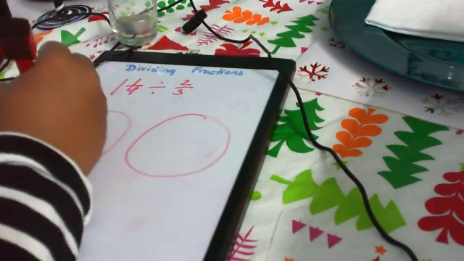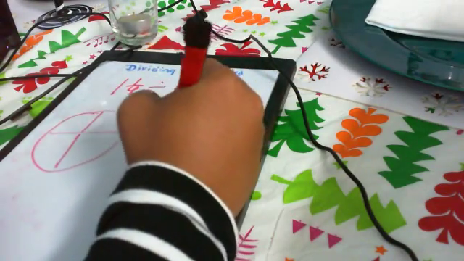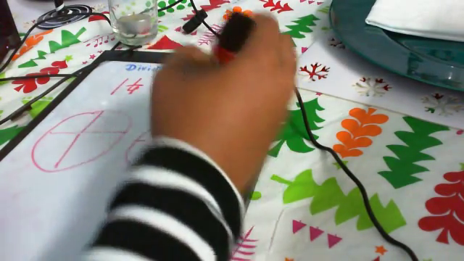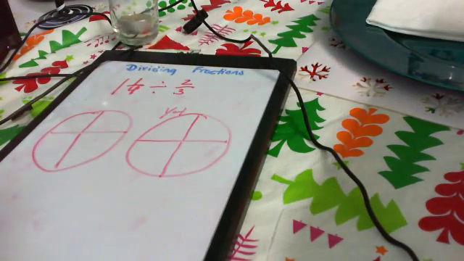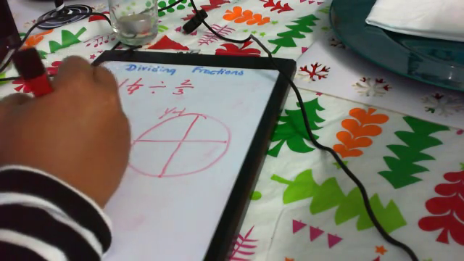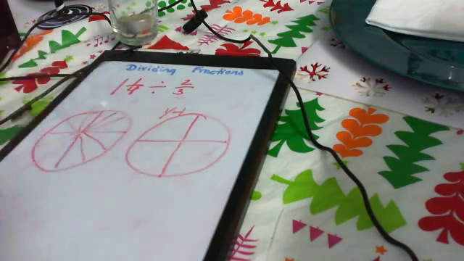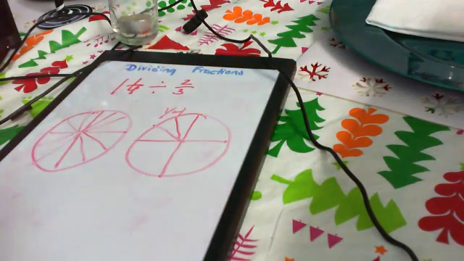We're going to divide it into 4s. We're going to divide this one into 4s. We're going to be focusing on this 1/4. Okay? So each of these pieces are divided into thirds, plus this one is divided into thirds.